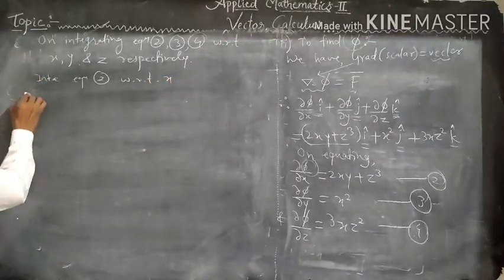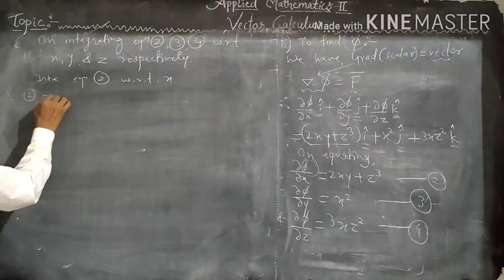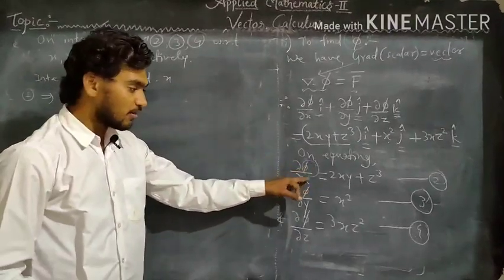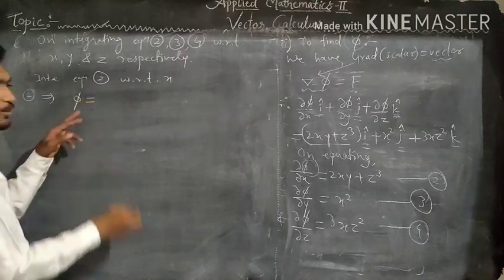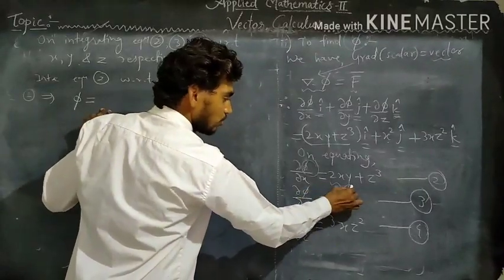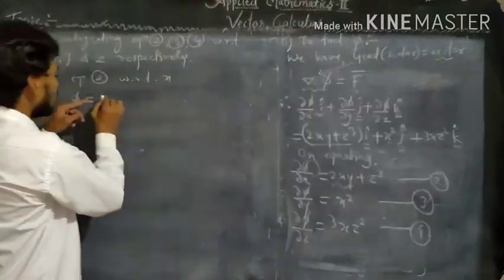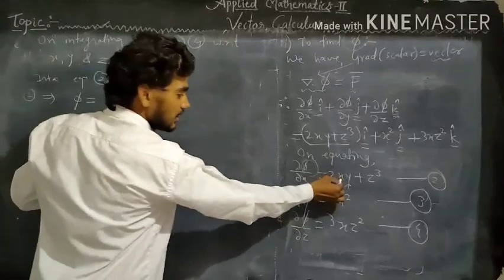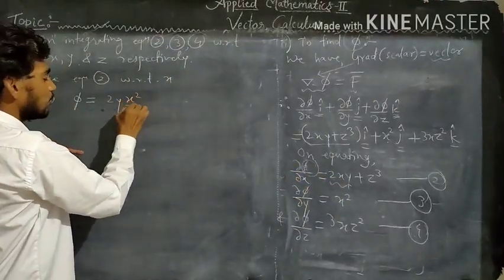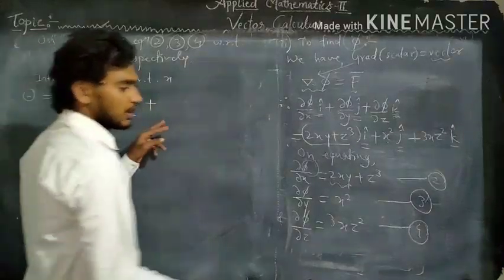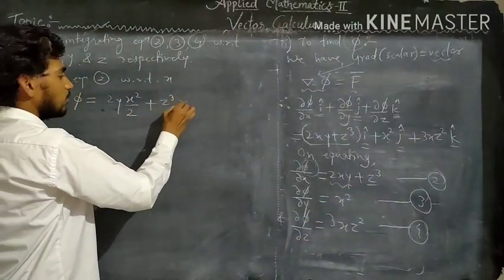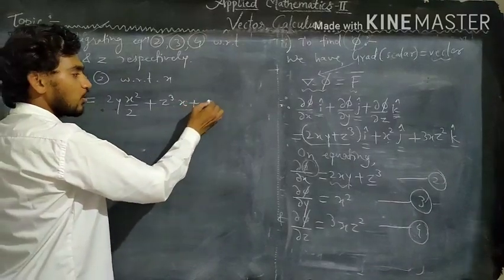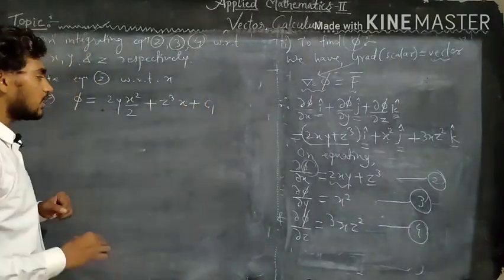We will get, 2 implies, now integration of del phi by del x with respect to x, it is phi equal to integration of 2xy. So 2y is constant, but integration of x is x square by 2, plus integration of z cube. So z cube is constant, into x plus constant of integration, say c1.